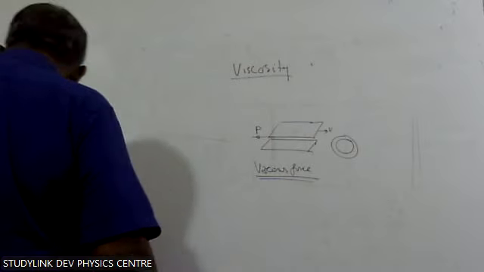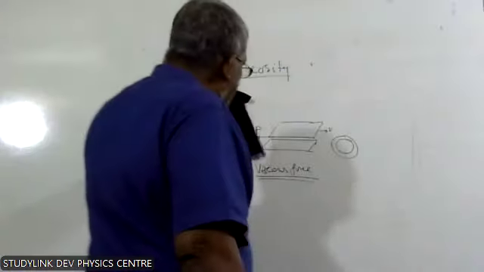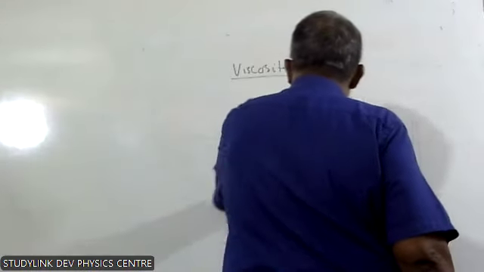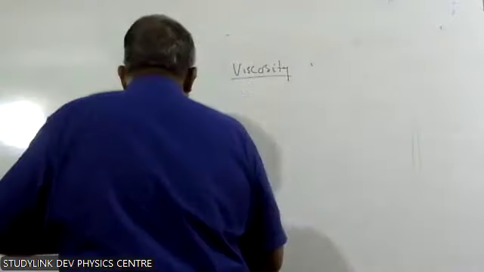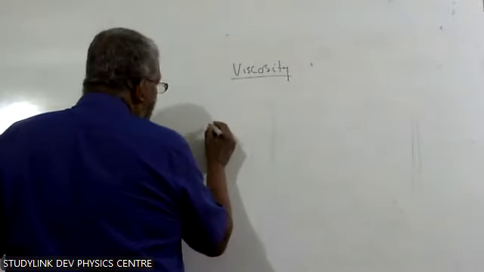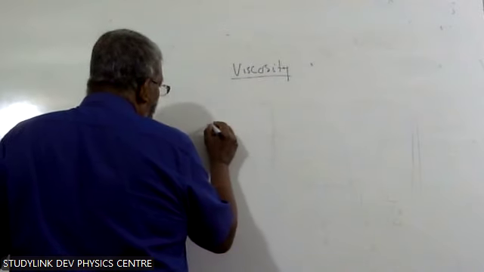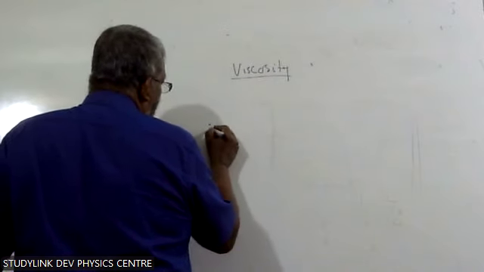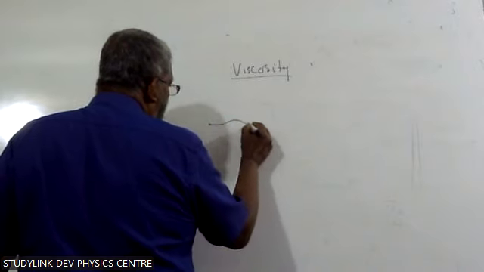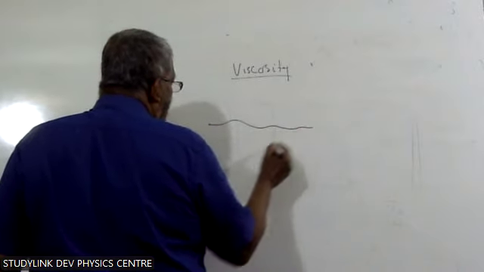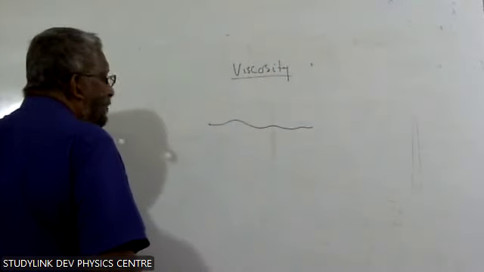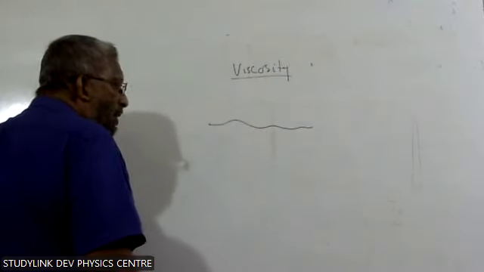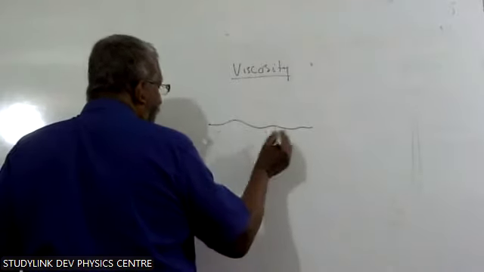When you consider a liquid, a liquid has molecules, or we can say particles. The particles move or travel from one place to another place, and the path of that particle or molecule is called a streamline.